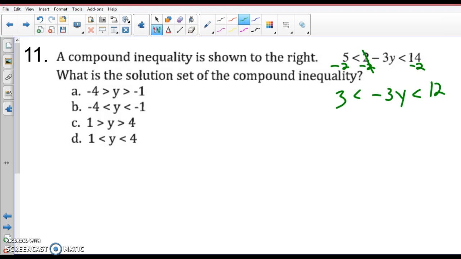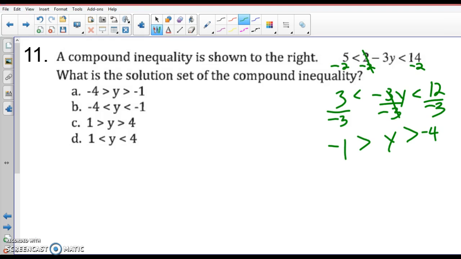Now what am I going to do? Divide every single thing by negative 3. What happens to my inequalities? Now, look what happened here. Isn't my smaller number over here on my left?